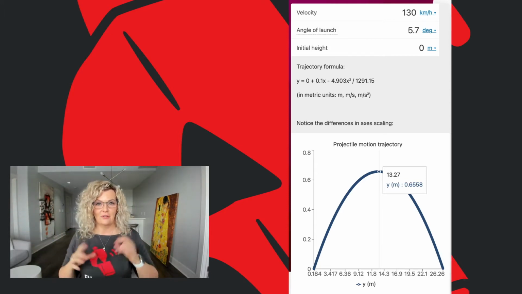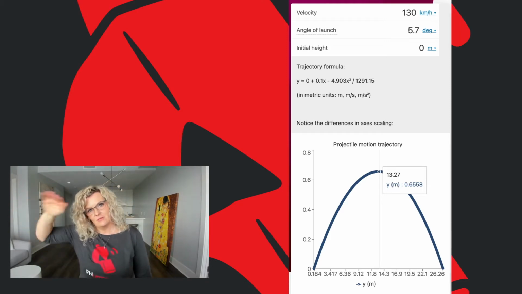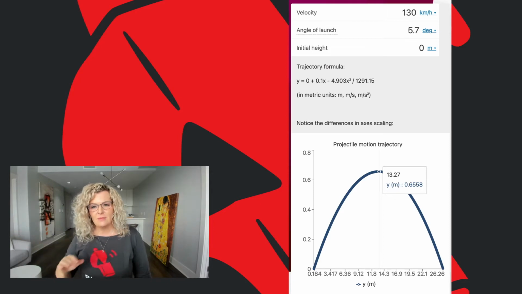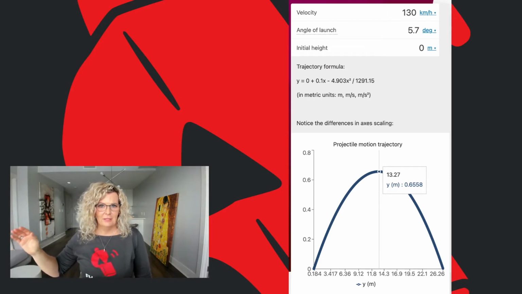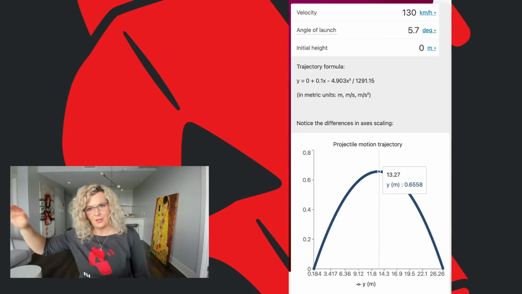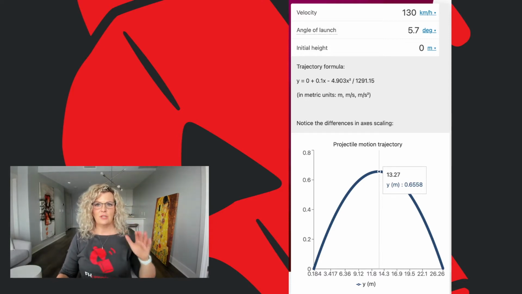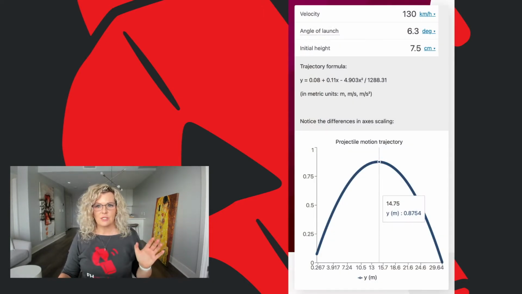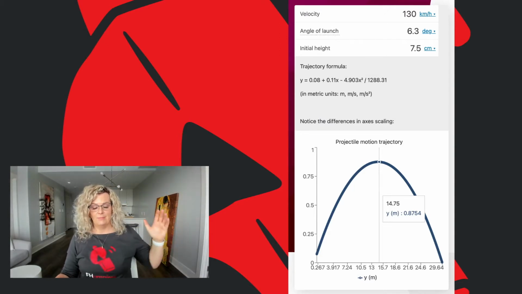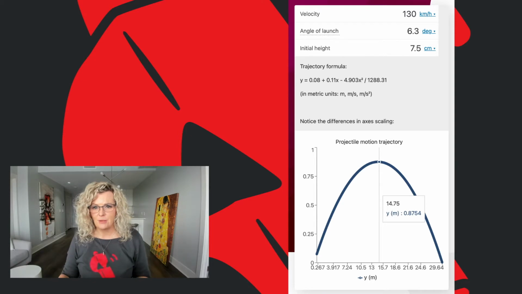So I went on the internet and I found a really cool calculator that showed me that the ball doesn't start dipping in its trajectory until it's traveled at least 13.27 meters, and then it starts tailing off a little bit. So that was important. And whether the angle of the launch is 5.7 degrees, which I'll explain in a second, or it's 6.3 degrees, it's even further, the higher the degree. I don't know, physics, somebody can explain this to me.